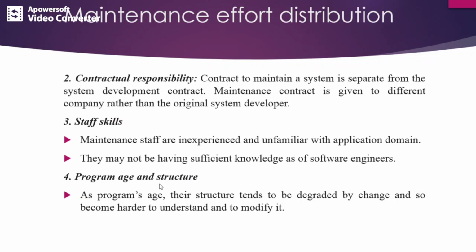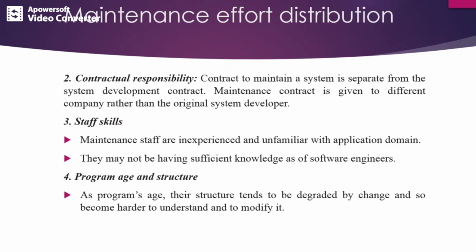Fourth reason is program age and structure. As programs age, what happens to the structure we are talking about? You try to upgrade the system every year, or modify the system, and then the structure of your system will start degrading, because initially it might have been a very simple system.